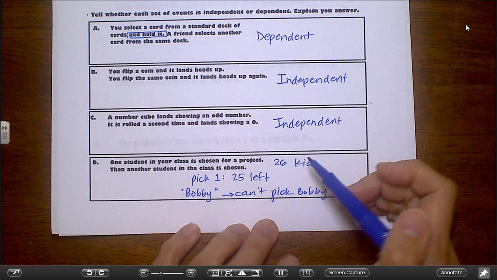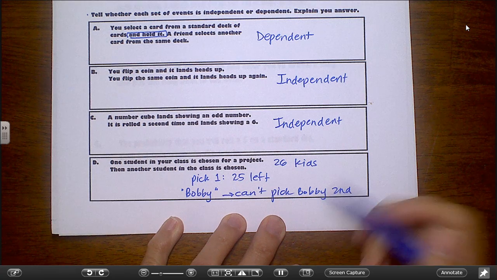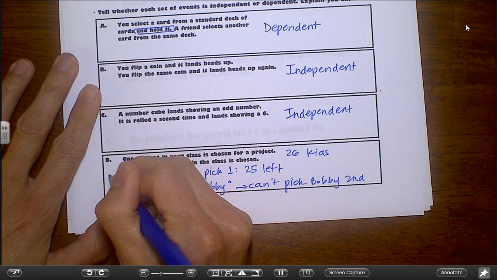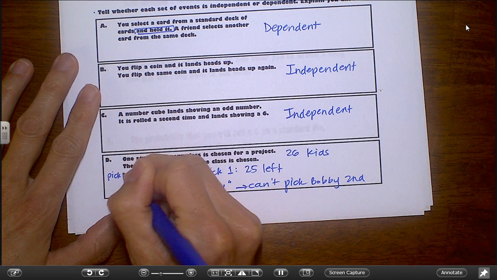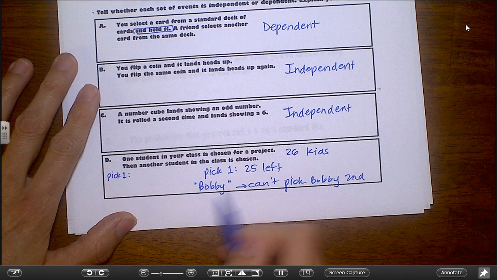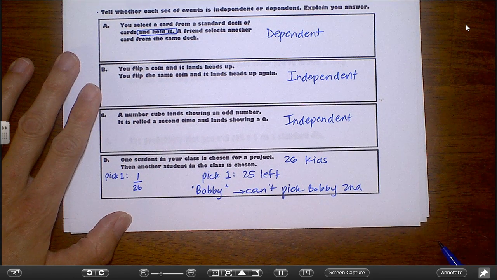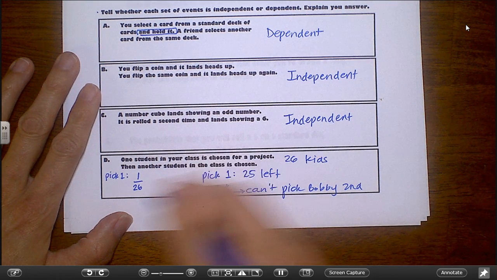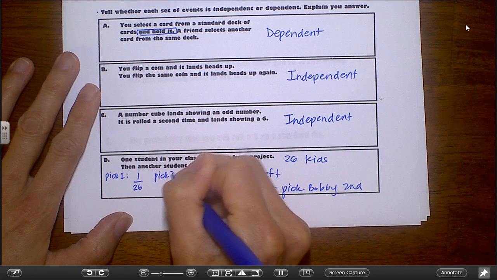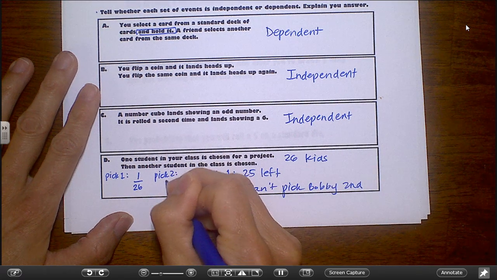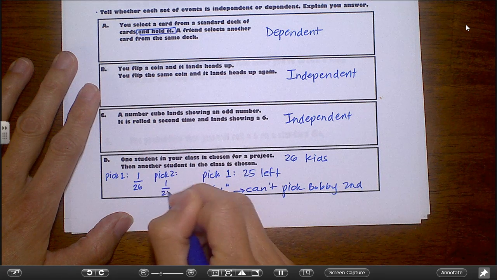So just for fun, let's see if we can figure out the probability of this or how we would write it. So my first pick, my chances of picking Bobby are 1 out of 26, right? Now my second pick, my chances of picking any other random student, because I can't pick Bobby, are now 1 out of how many kids are left? 25.